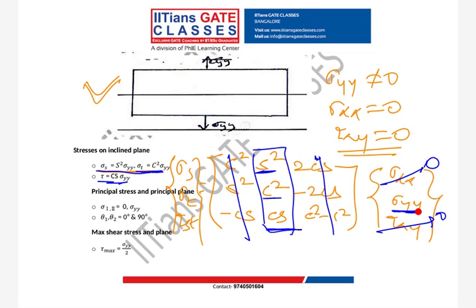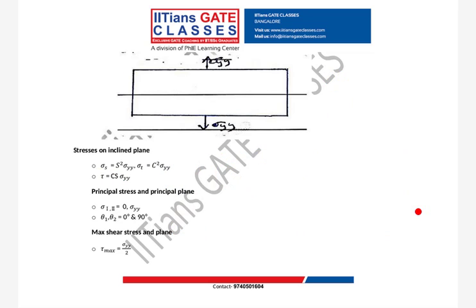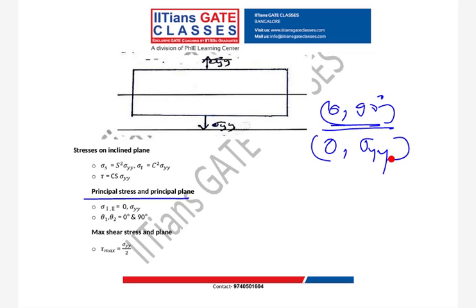Now, once you know the stresses on an inclined plane, what is next? Principal stress and principal plane. So again here, 0 degree and 90 degree are my principal planes, and my principal stresses are 0 and sigma yy. Now the most important thing is max shear stress. So first you always find what? The plane of maximum shear.